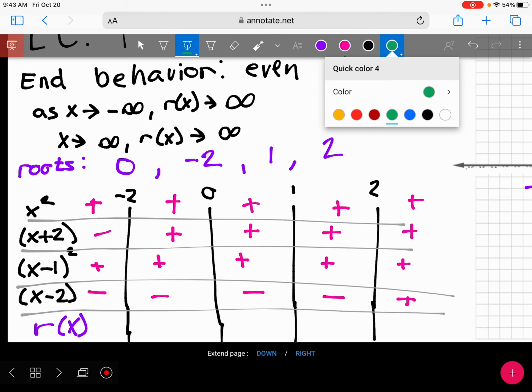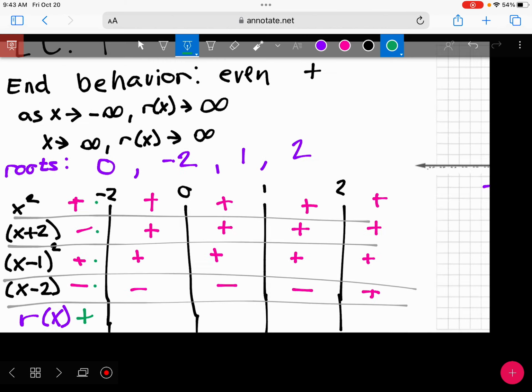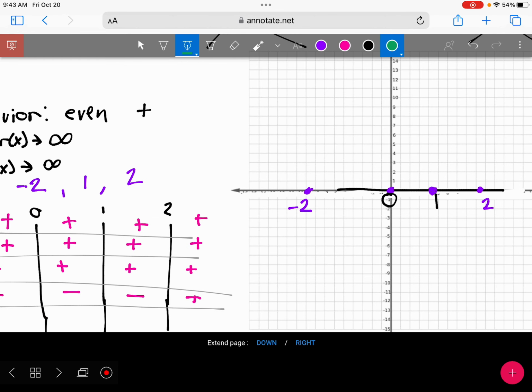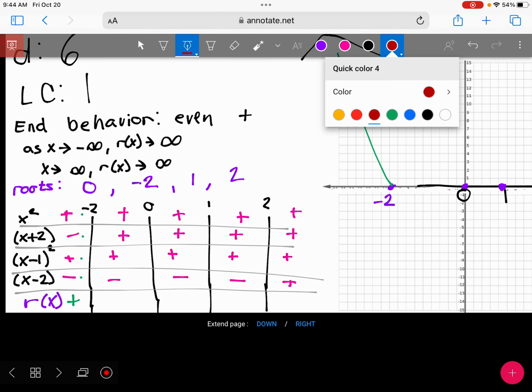Our function, if it is smaller than negative 2, is it positive or negative? Positive. Positive times a negative times a positive times a negative is positive. So left of negative 2, our function is positive. It's above our x-axis. Between negative 2 and 0, is our function positive or negative? Negative.